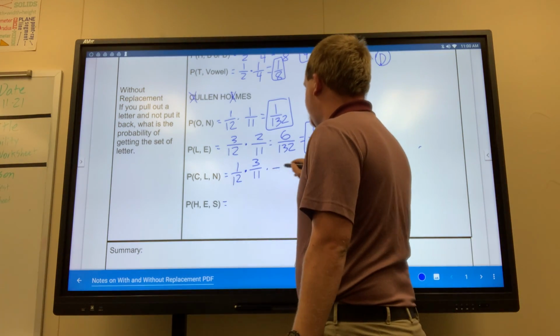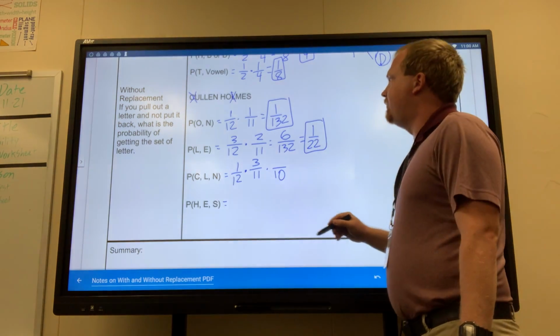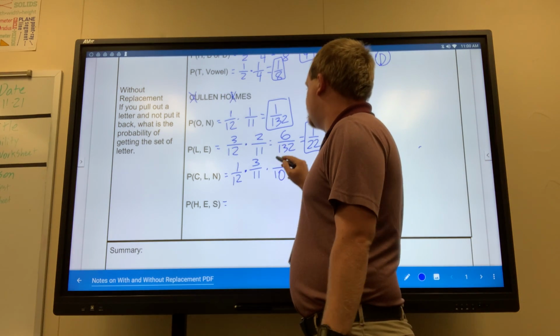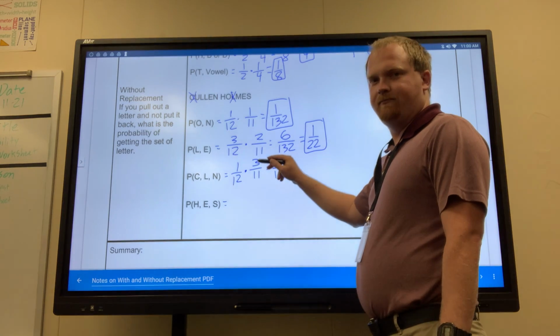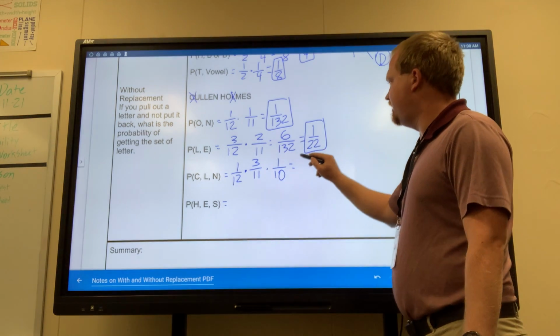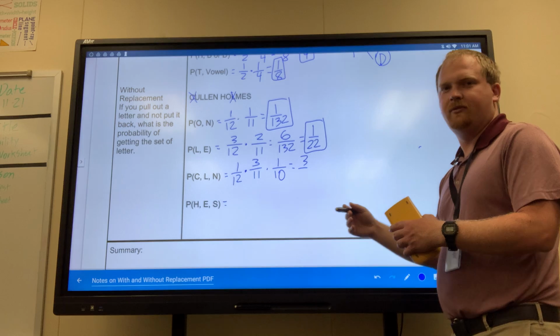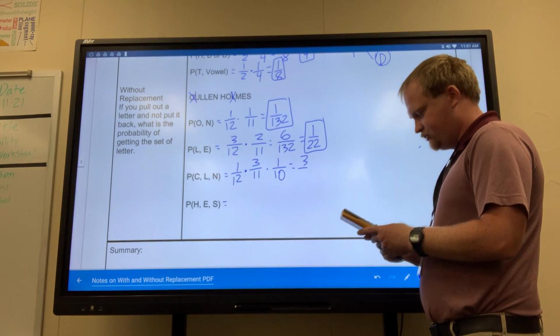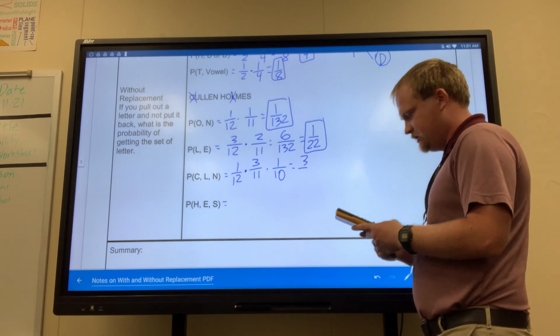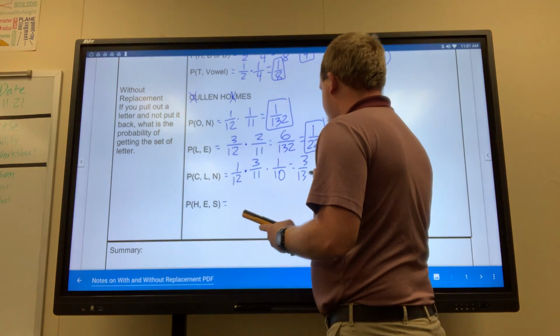I have 10. And I want to pull out an N when there's just 1. So 3 times 1 is 3 because I'm doing top times top. I'm still doing bottom times bottom, which is 12 times 11 times 10, which is 1320.